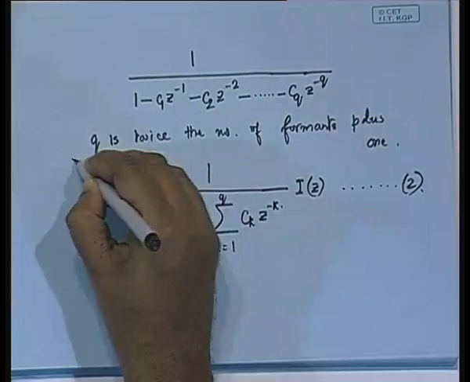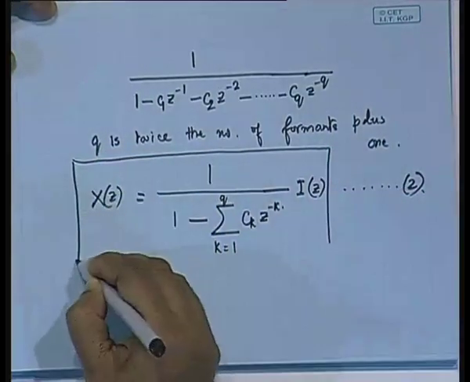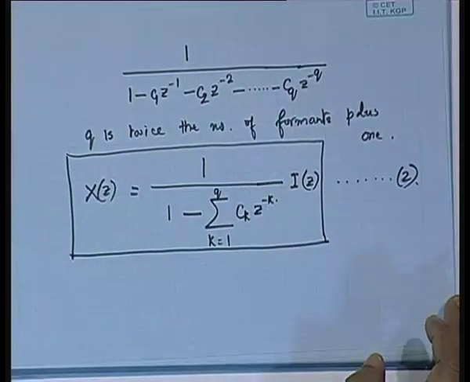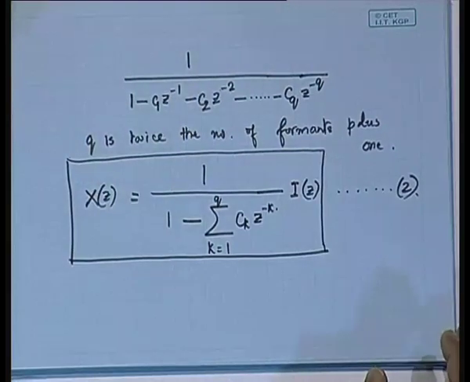This is also a very important relation. Again, nothing new, because we already know about the formants and we already know about digital filters and their poles and everything. Nothing great information about it, but something should be striking. Equation number 2 is relating X of Z with I of Z through the speech parameters.